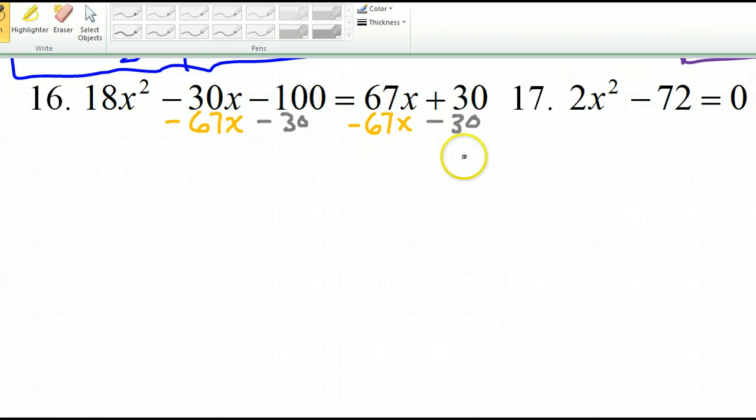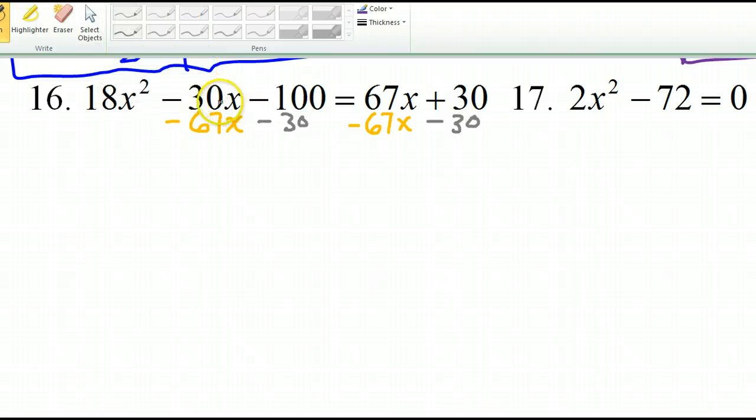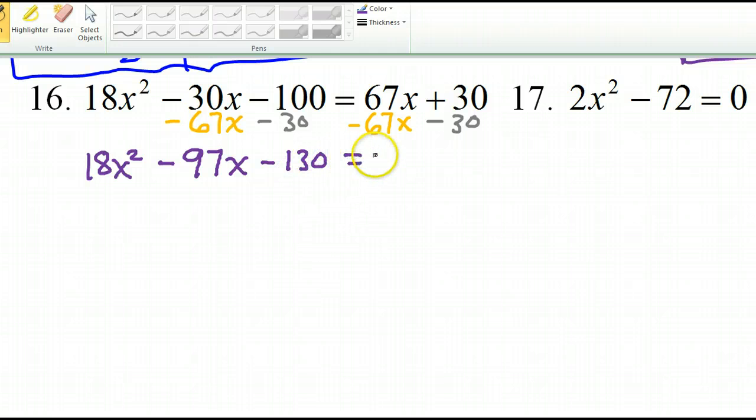Alright, let's see what we've got so far. Okay, so that is going to give us 18x squared minus 97x minus 130 equals 0.